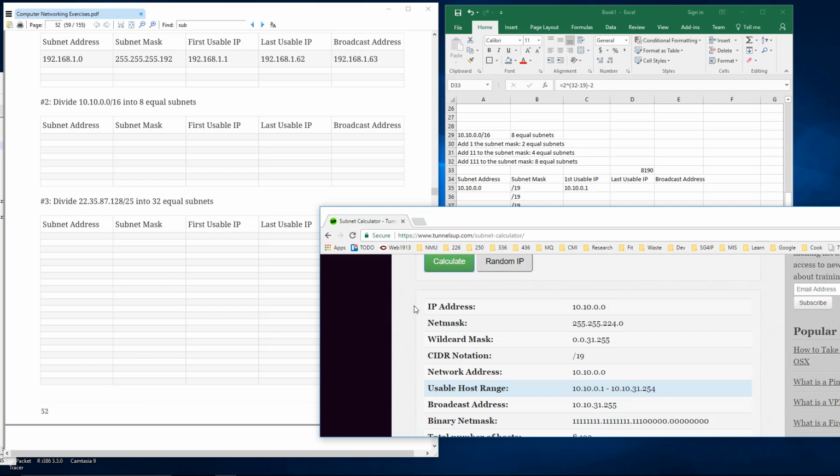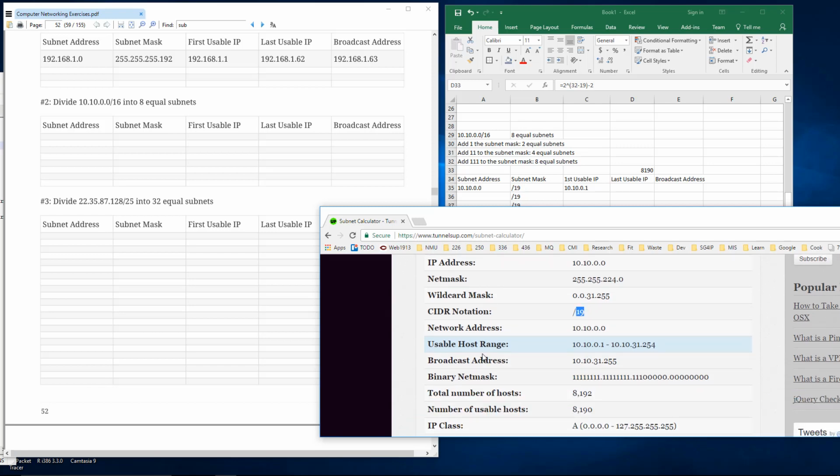Alright, this is nice. So it gives me the IP address. That's good. It gives me the subnet mask. It calls it just the net mask. It gives me the CIDR notation. I use that CIDR notation here just because you could use either notation. I've got the network address. That's good. It gives me the usable host range.